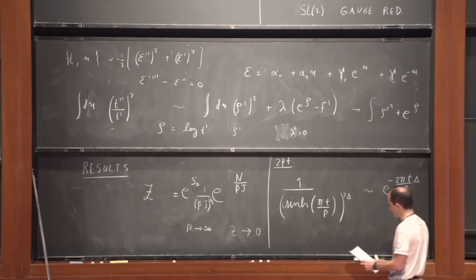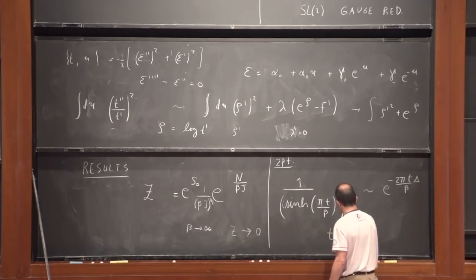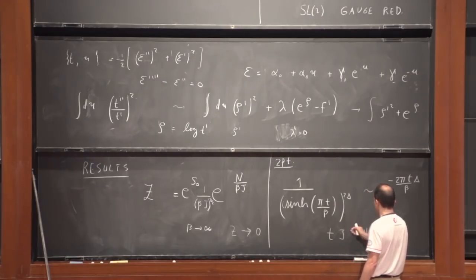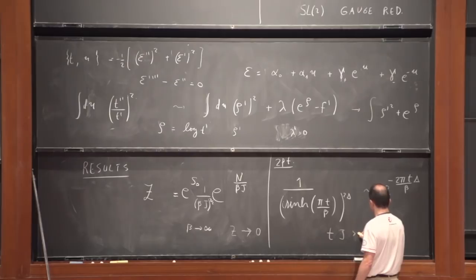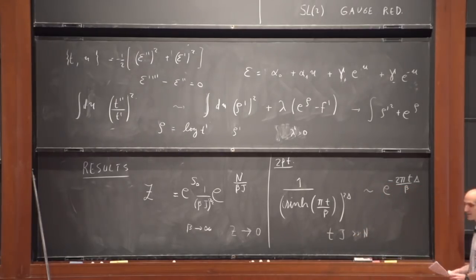It's exponentially decreasing. And this is good as long as t times j could be much bigger than 1, but much less than n. Then this is okay. But when t times j becomes much bigger than n, then we start having some corrections.